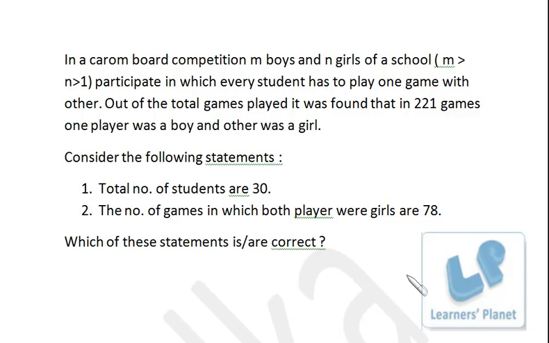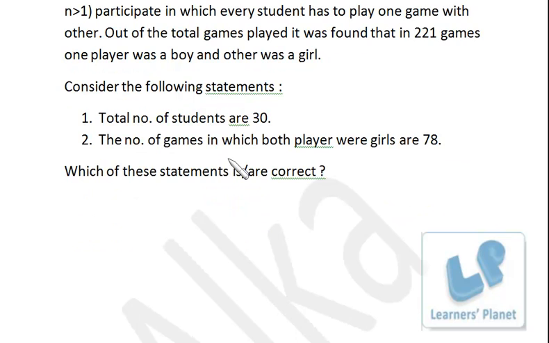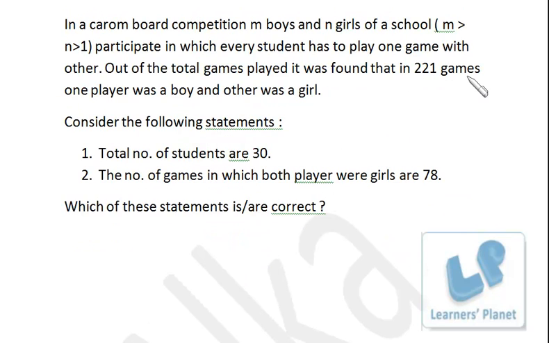Okay, so for that, first of all, let's see there are M boys and N girls. And in 221 games, one player was a boy and the other was a girl. Now that means out of M boys, one boy will be chosen in MC1 ways and one girl will be chosen in NC1 ways, right?